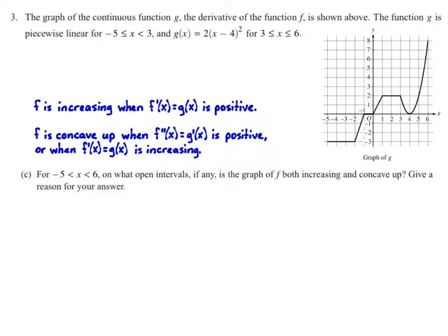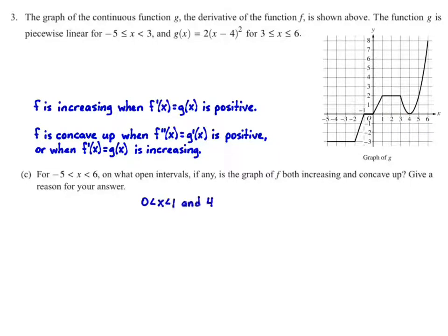So really what we're looking for here is when f prime, which equals g, is both positive and increasing. So we can see that it's positive all the way throughout this interval, but we're looking for the part that's positive and increasing. So we'd say from 0 to 1 and from 4 to 6.